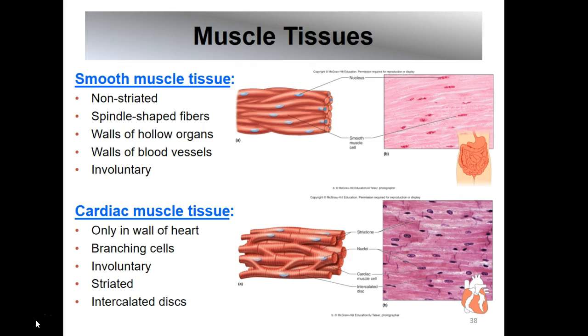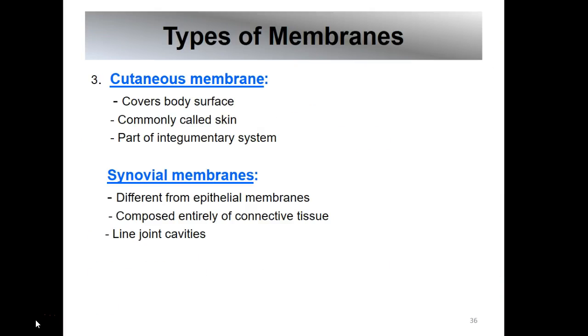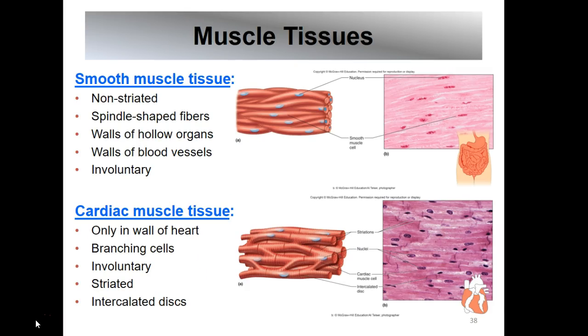Smooth muscle is non-striated. So if we go back to this really quick and you look at that picture, you can see those little lines, dark and light. You are not going to see those in this picture of smooth muscle tissue. So these are spindle-shaped cells with one centrally located nucleus.